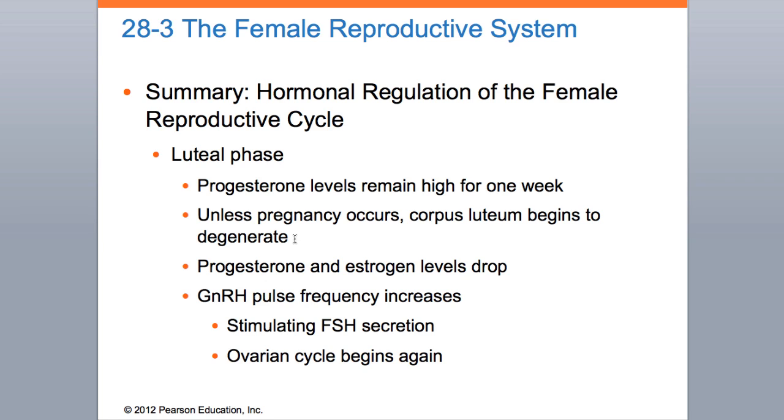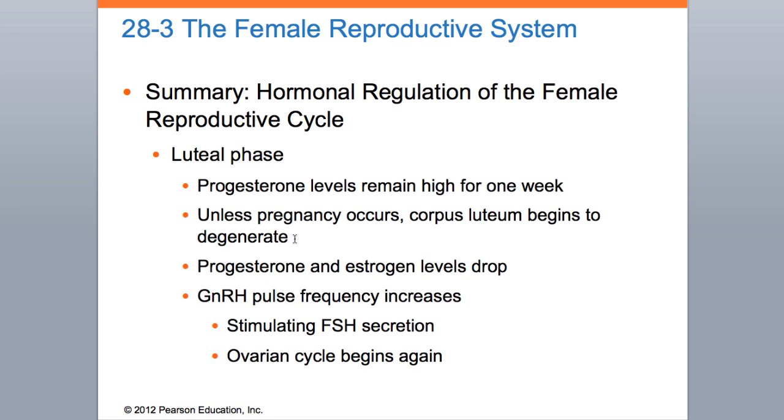However, if the egg does get fertilized in the isthmus of the fallopian tube, and the fertilized egg makes it to the endometrial lining and starts to burrow its way in, using the blood that I mentioned as a way of nourishing and setting up the placenta, it will tell the corpus luteum to continue beyond its normal 2 weeks.